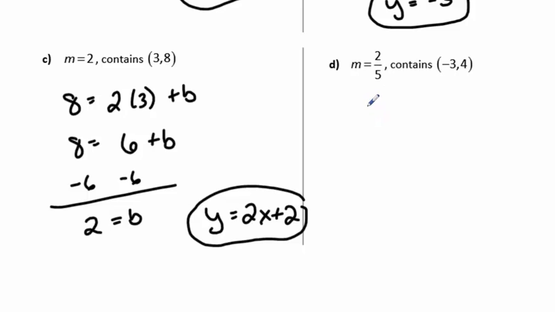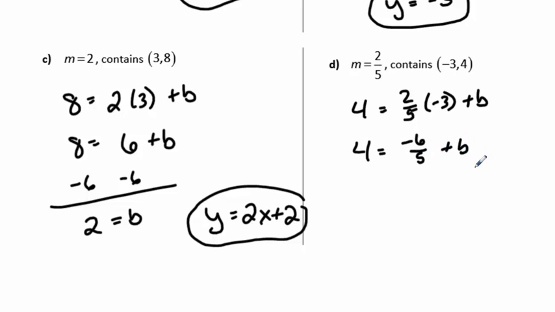In part D here, our y value is 4. So 4 is going to be equal to m, 2/5, times x, which is negative 3, plus b. We need to solve for b. Let's simplify. 4 is equal to 2/5 times negative 3, which is negative 6/5, plus b. And the opposite of a negative 6/5 is to add 6/5.